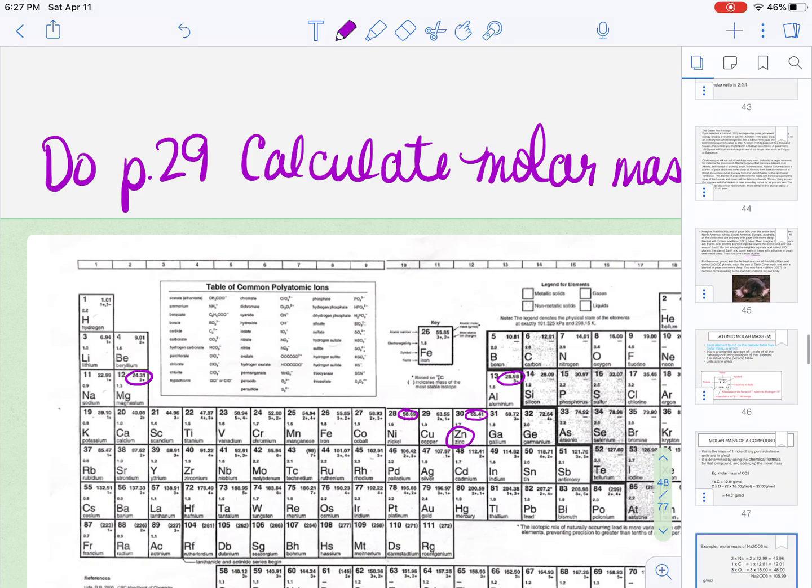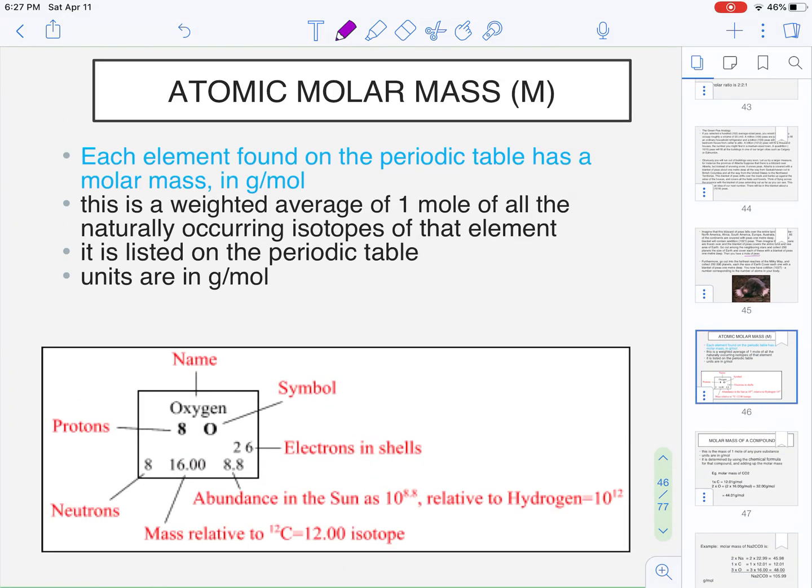So going back to the fact that as the elements were organized on the periodic table, they were all organized in increasing molar masses. So their masses all the way up the periodic table get higher and higher, and that's how they were organized.